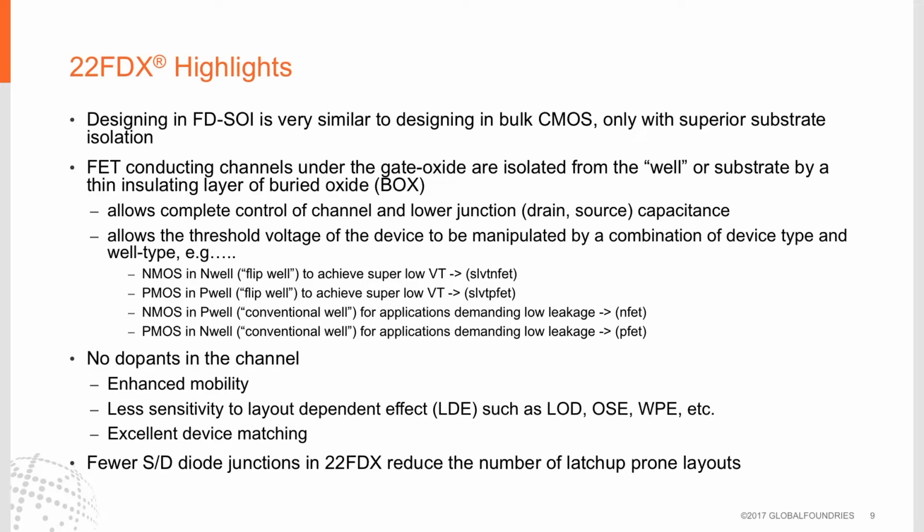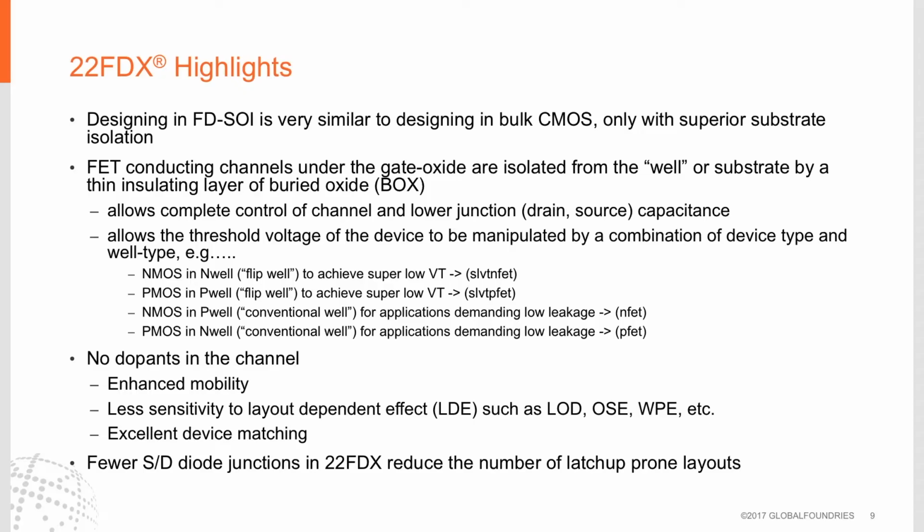There are several different types of backgate control we offer. NMOS in N-well, which we call flip well, and PMOS in P-well, which is also a flip well. Both of these will use the backgate in what's called a forward backgate bias to lower the threshold voltage. An example would be SLVT NFET devices and SLVT PFET devices.